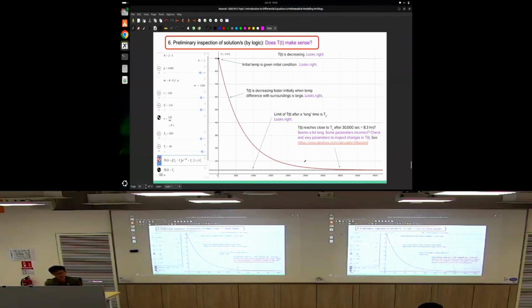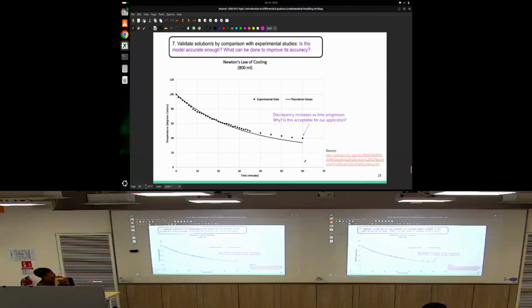So this is what we call the preliminary inspection of the solution using your logic or experience. And then by right, you will have to validate your solutions by comparison with experimental data. If you work in a company, you would already have a bunch of data sets collected. So what one can do is compare your model with the data sets that you have.